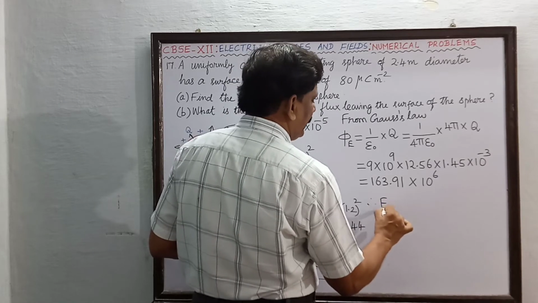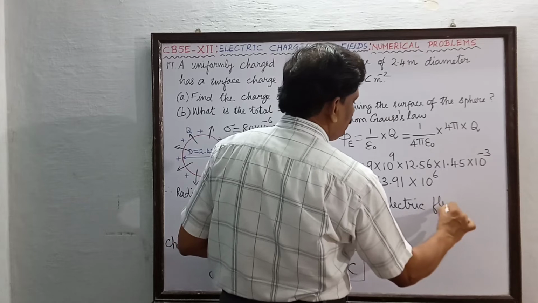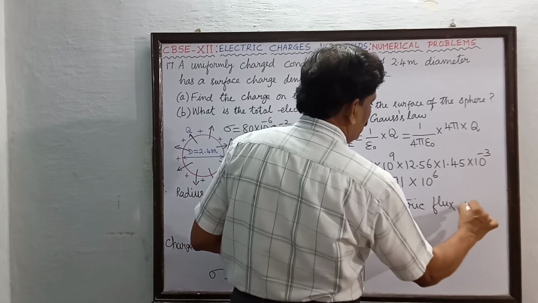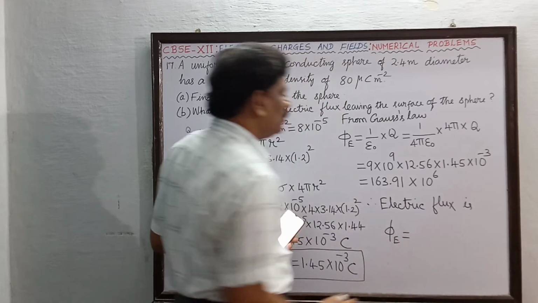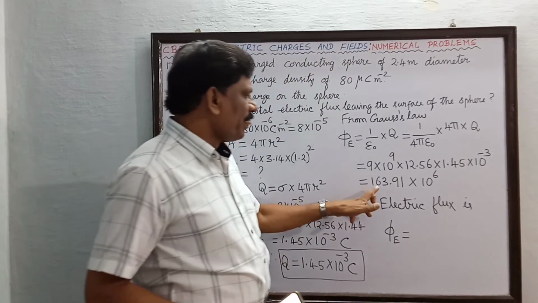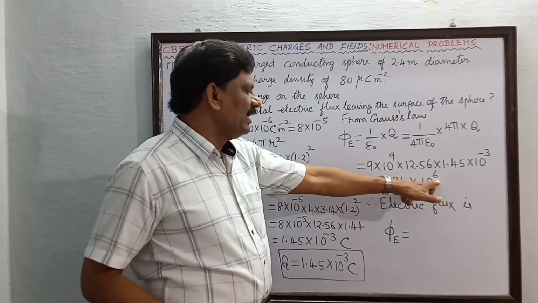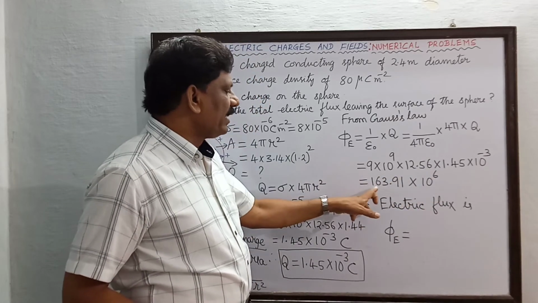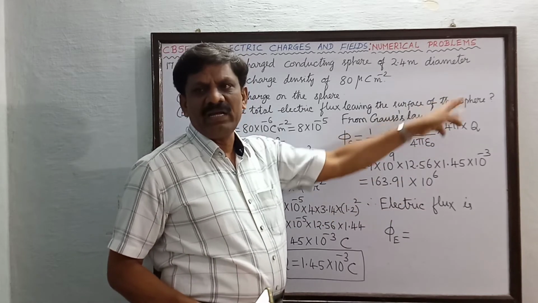Therefore the electric flux phi E is equal to, now instead of writing 163.91 into 10 power 6, if you want you can write this as 1.6391 into 10 power 8.